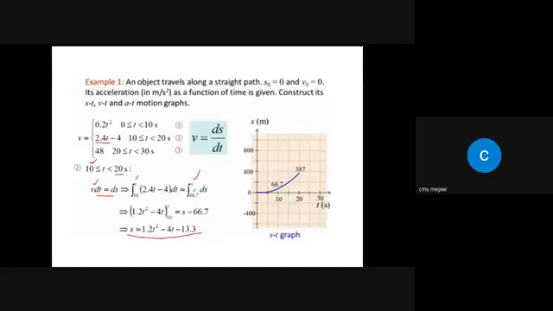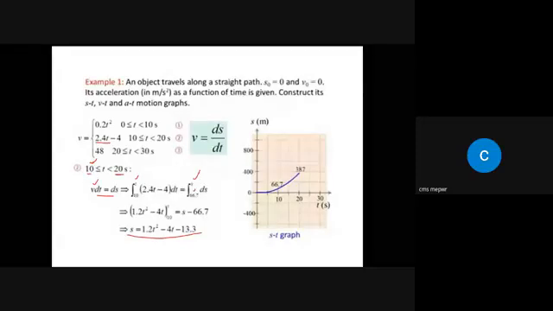When the initial time t is equal to 10 seconds, you get 66.7. And when you put t equal to 20 seconds, you get 387. But remember, it's a second degree curve, so the curve you get will be slightly different from this one. It's a second degree curve, okay?